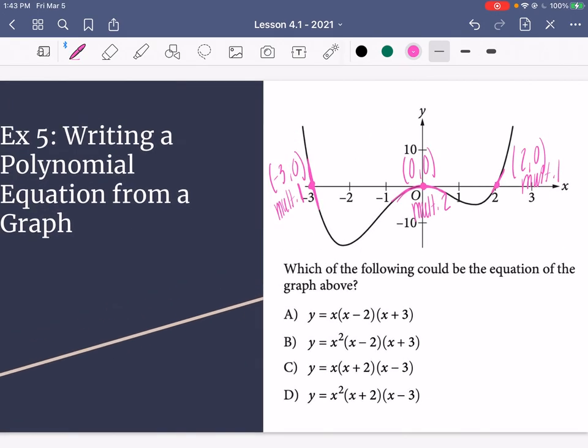So then if you work your way backwards, we would write out x plus 3 right here, opposite sign, x minus 0, or just x, and that one would be squared at least, okay, because it's a multiplicity of 2 or higher even, and then x minus 2, and that's also a multiplicity of 1, we're assuming. And if we look for which one is correct or which one matches that, that would be part B.